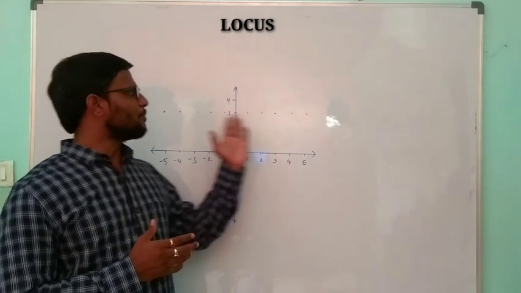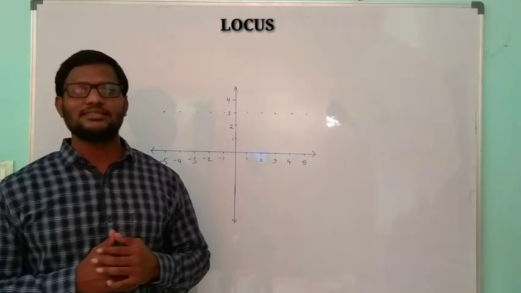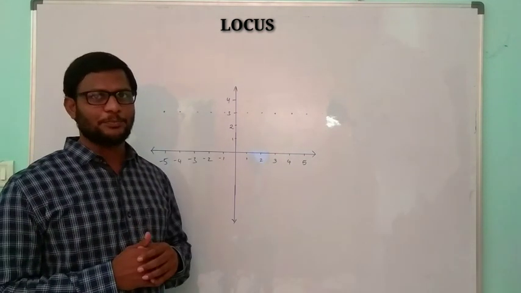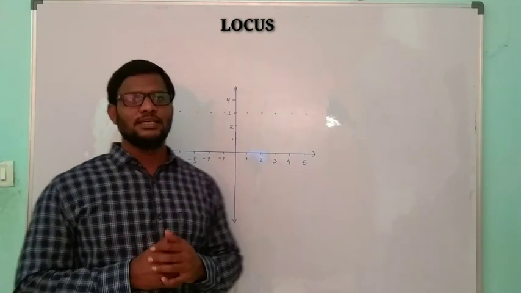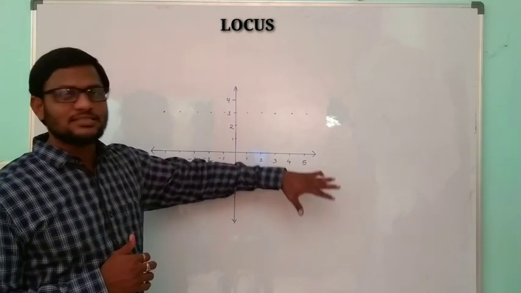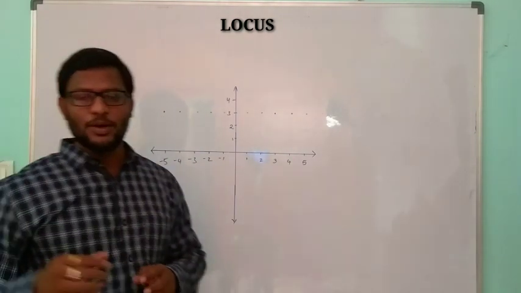Here we have a set of points. If we join all these points, we get a straight line. But what common property do all these points have? Each and every point in this Cartesian plane has one common property.